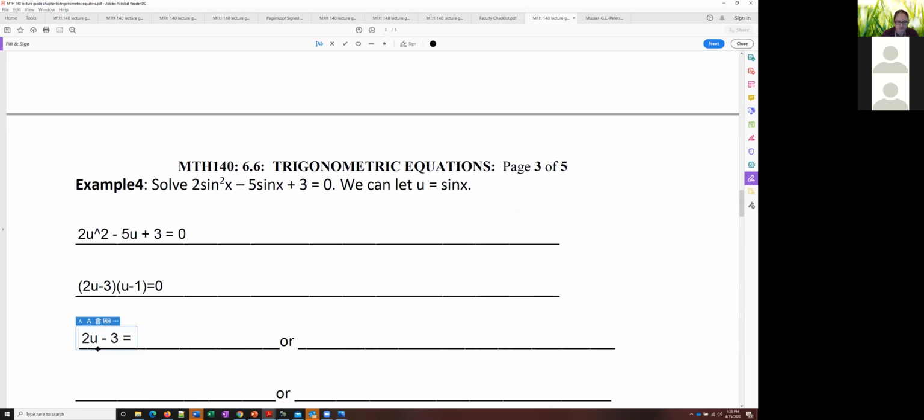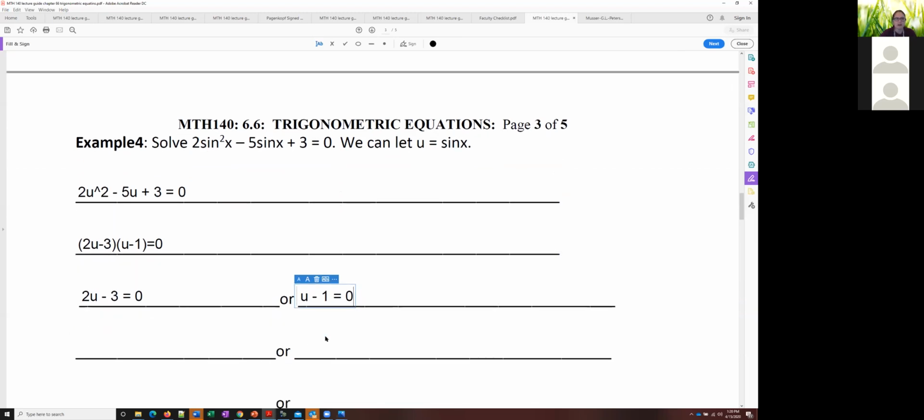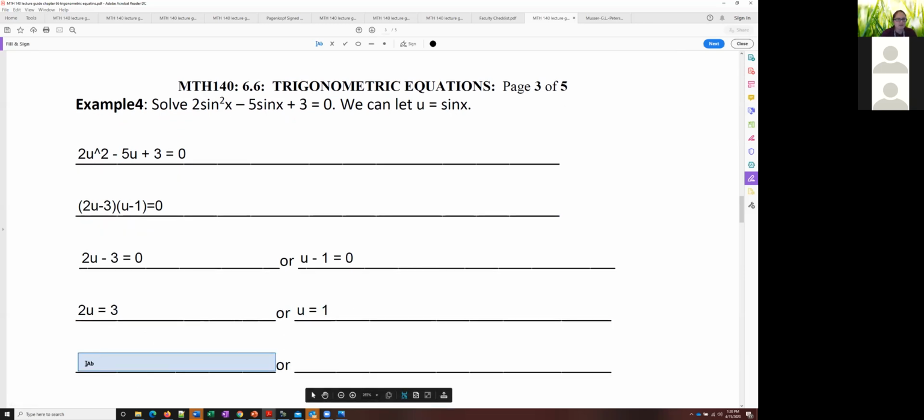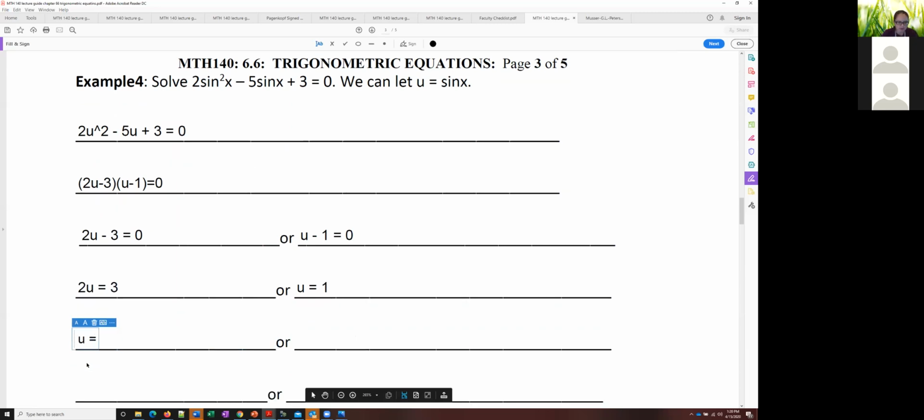So either the first factor is equal to 0 or the second factor is equal to 0. Right? So if 2u minus 3 equals 0, that means 2u equals 3. Over here, if u minus 1 equals 0, that means u equals 1. And if 2u is equal to 3, that means u equals 3 halves.